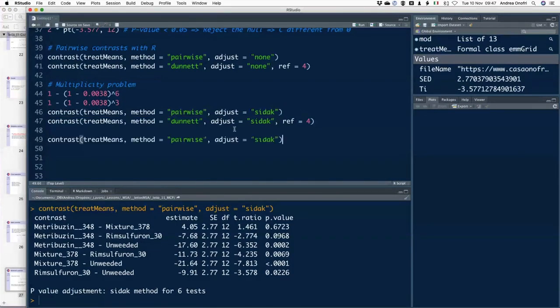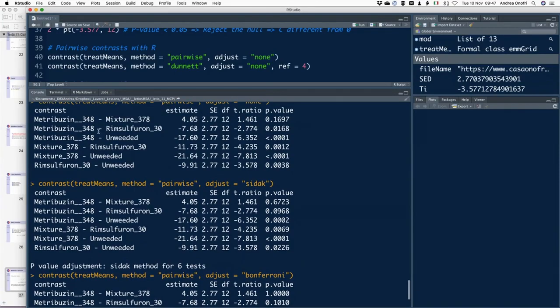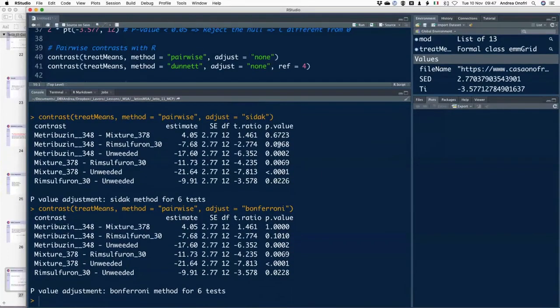And we see that we are even more conservative, because we had here for the second contrast 1.6% at the beginning. Then we jumped up to 9.7%. And again, here we jumped even higher at 10.1%. So we see very protective here.